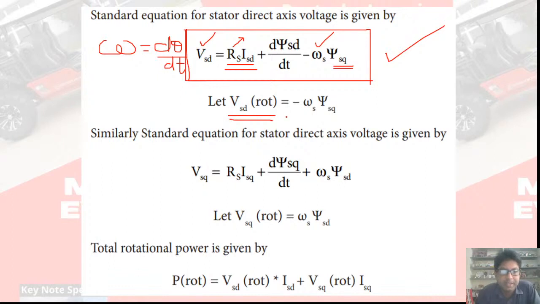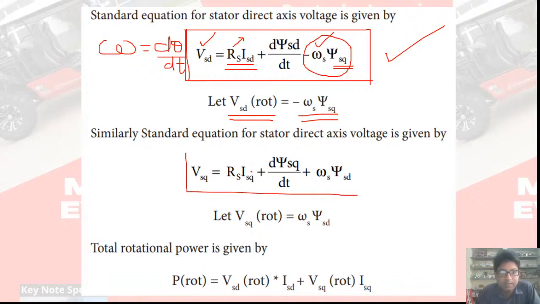The stator direct axis rotational voltage is this part only, so I have segregated it. This is the rotational voltage from the stator direct axis.